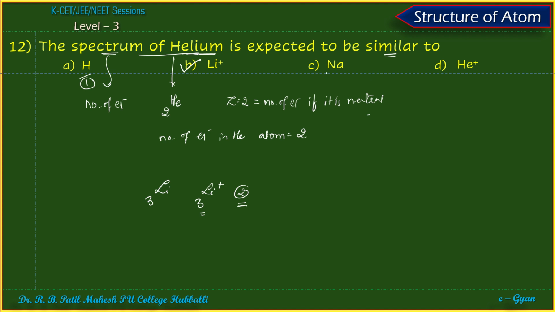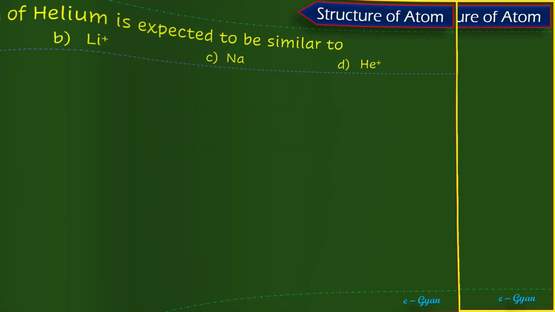In case of sodium, atomic number is 11, so there are 11 electrons if neutral. Helium plus has lost 1 electron, so 1 electron is left. So the correct option for question number 12 is option B, lithium plus ion. Going to the next question.